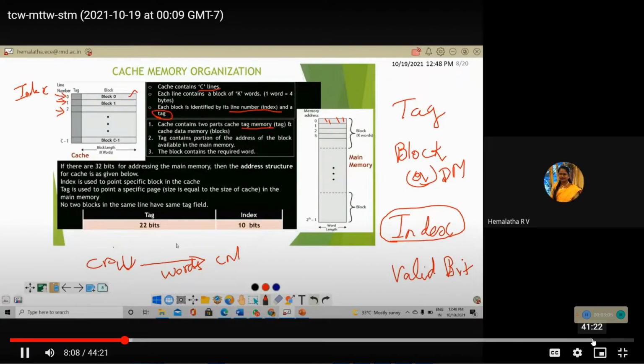That can be identified by using this tag number. So this tag number is used to identify whether the processor's requested word is available in the cache memory or not.